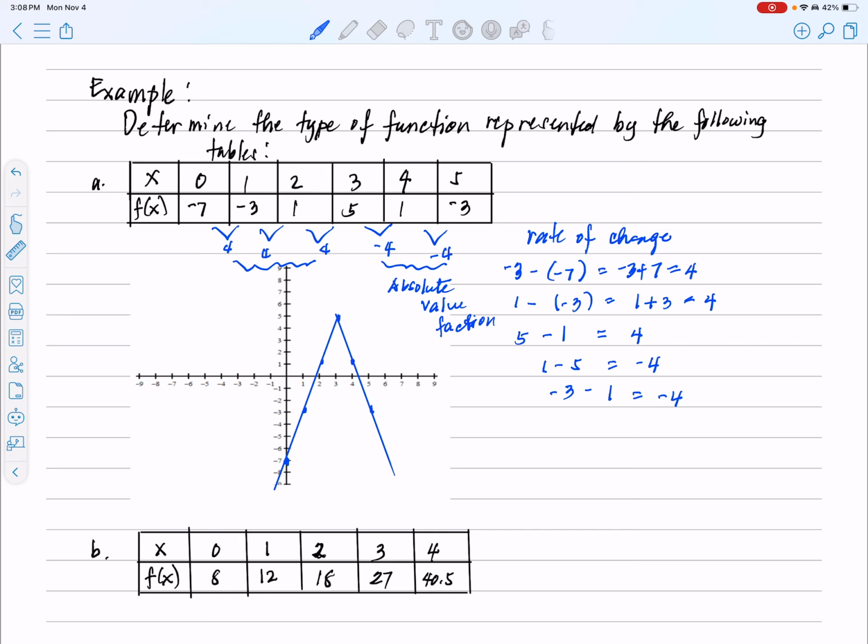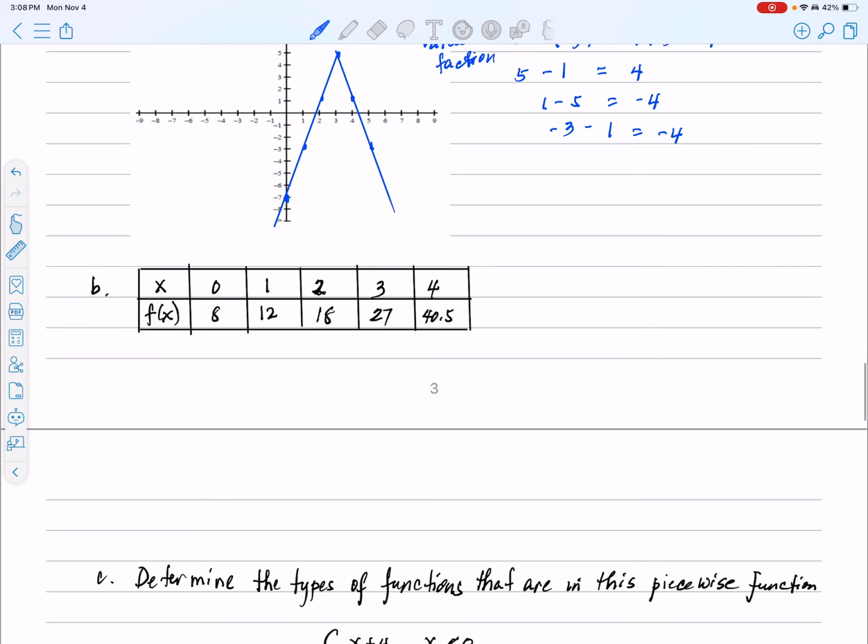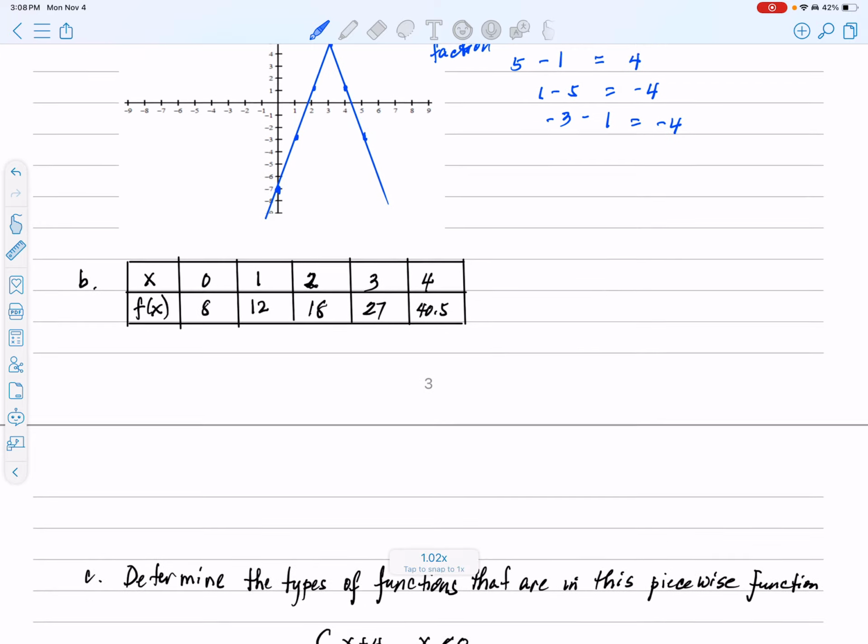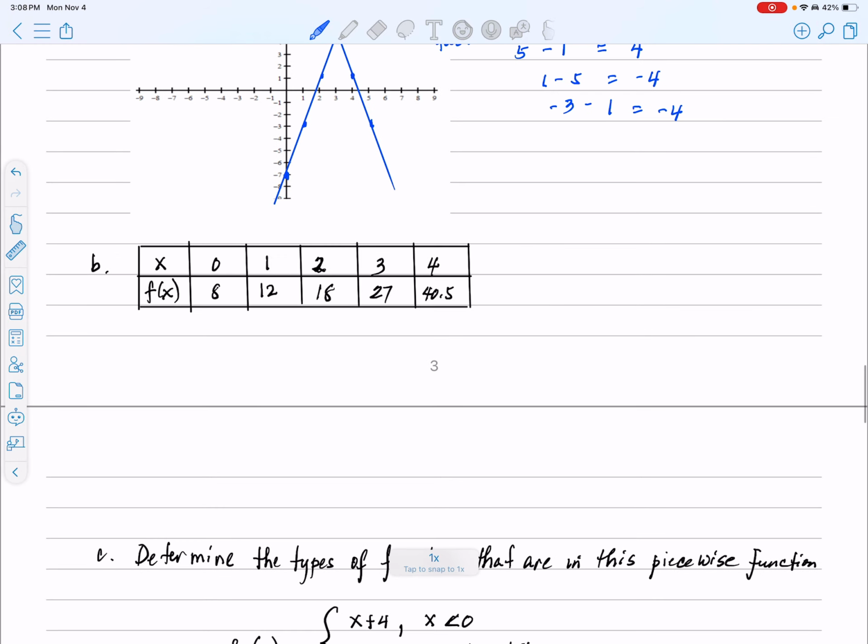Okay, let's have question number 2. You are given a table. Our input values are 0, 1, 2, 3, 4. They are having an interval of increase by 1. But let's observe the outputs.